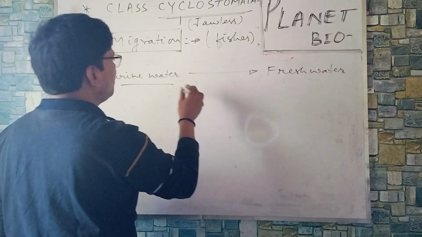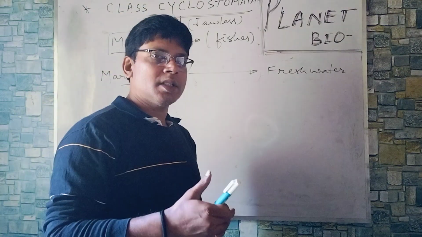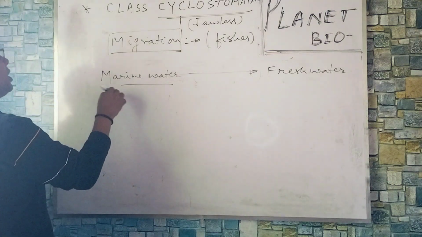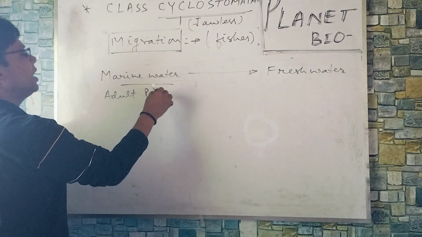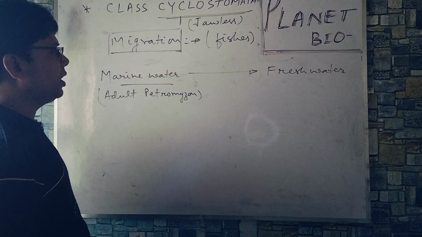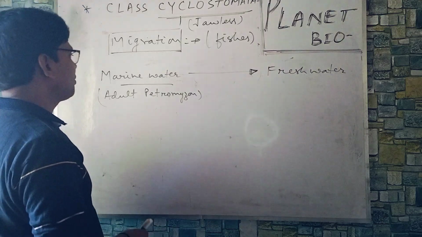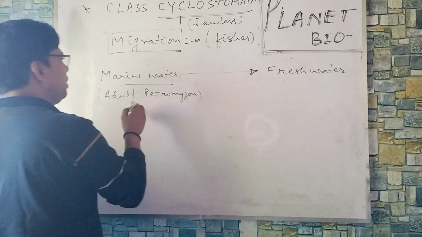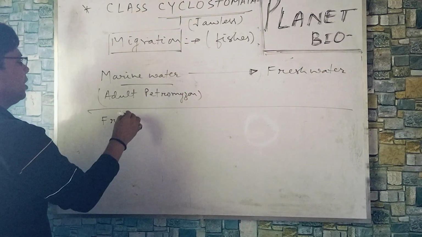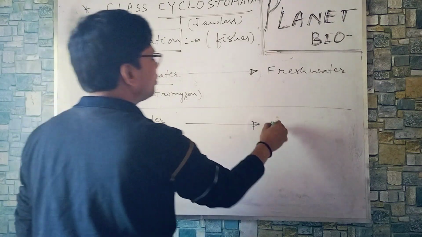Marine water fishes may go into fresh water by having certain structural and functional adaptations. When we write petromyzon, the adult is indicated. Adult petromyzon from marine water may go to freshwater areas, and freshwater forms can move towards marine water.